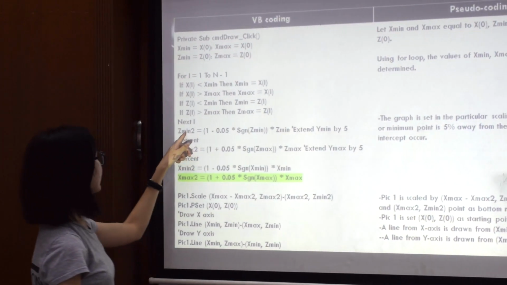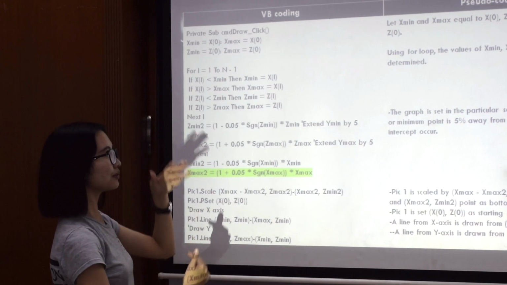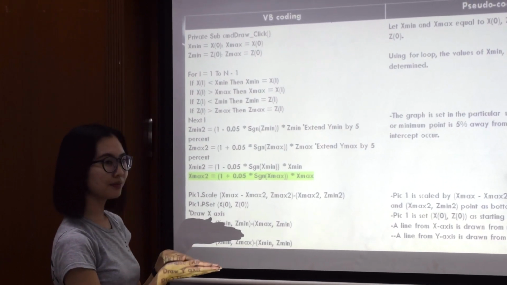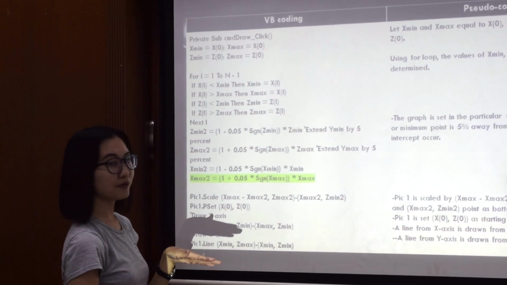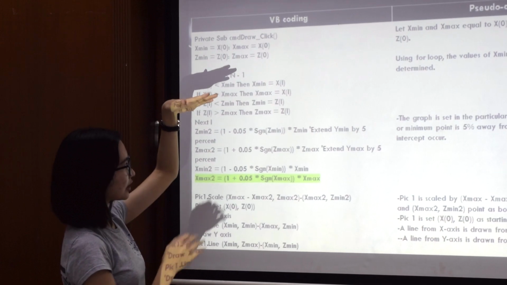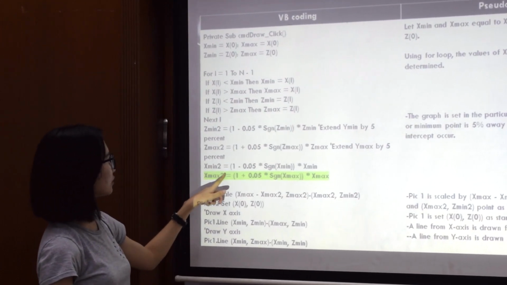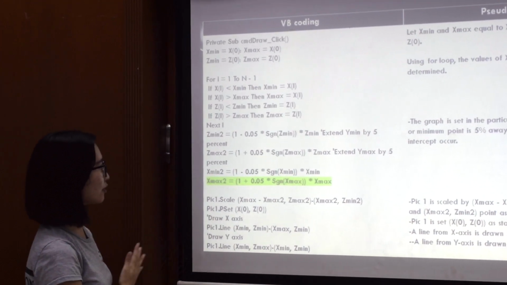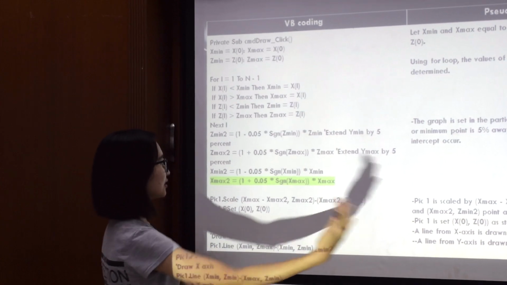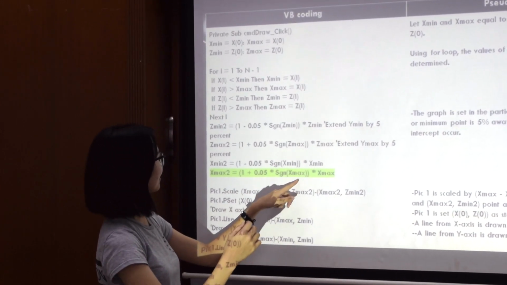So Z minimum 2 we set is away from the Z minimum by 5%, and then Z maximum 2 is away from the Z max by 5%, and then X minimum 2 is away from X minimum by 5%, and X max 2 is away from the X max by 5%.